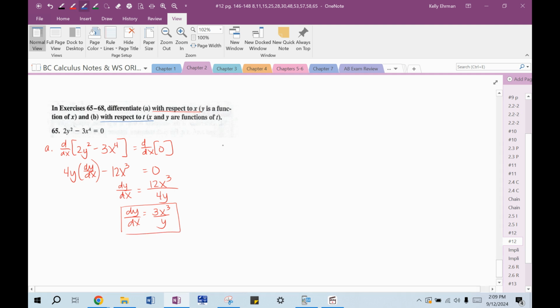Now, if we differentiate with respect to t, so it'd be like d/dt of 2y squared minus 3x to the fourth. Maybe we haven't done this in the notes. Now that I'm thinking of this, if we have not done related rates, then this is a preview of what we're doing probably in tomorrow's notes. So neither of these variables are t, so they're both going to need chain rule on them.